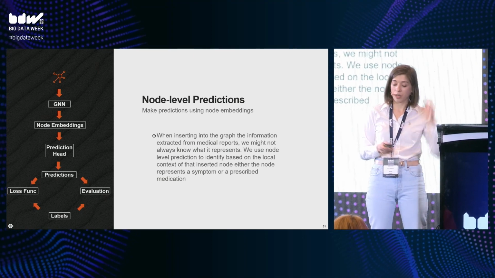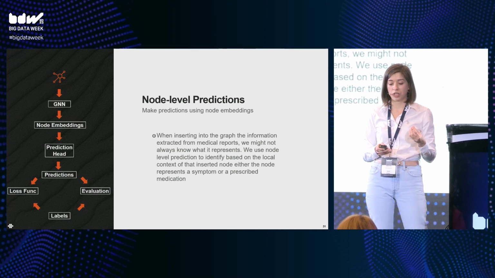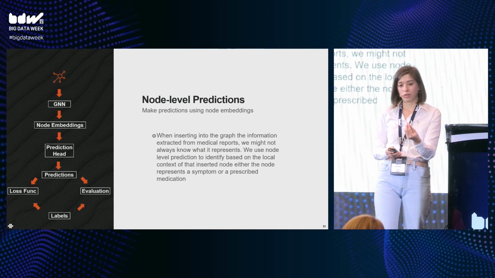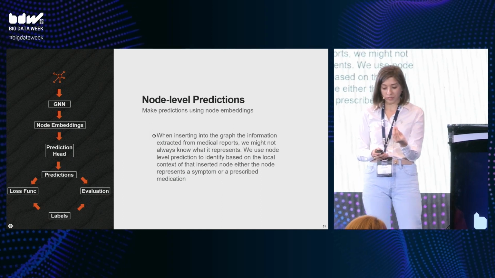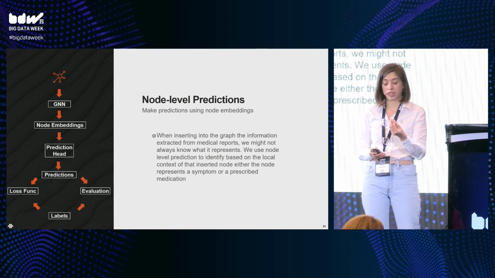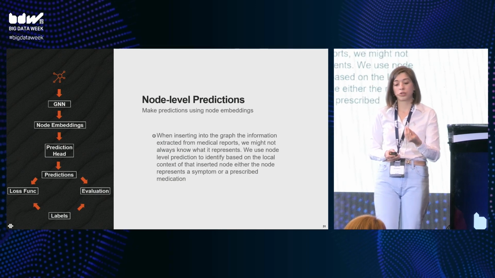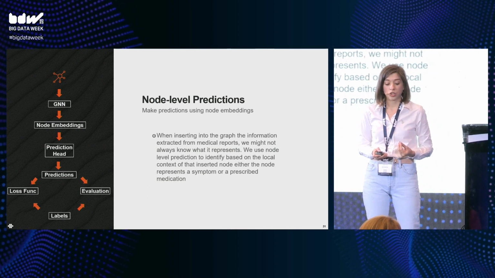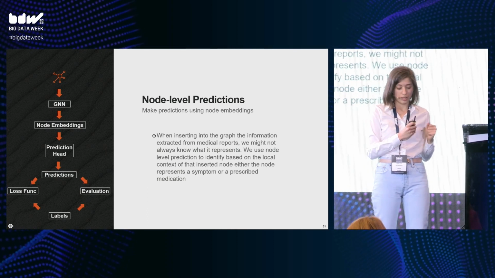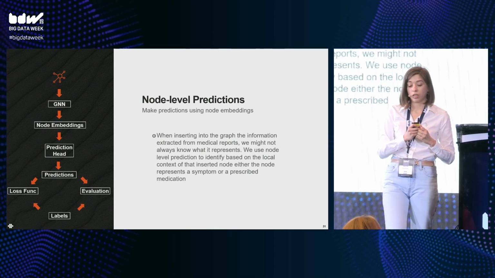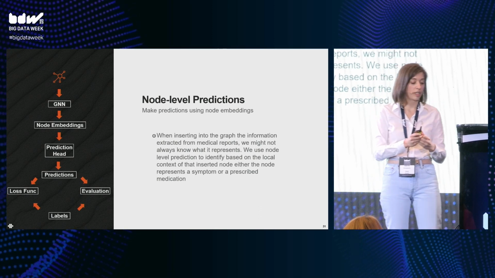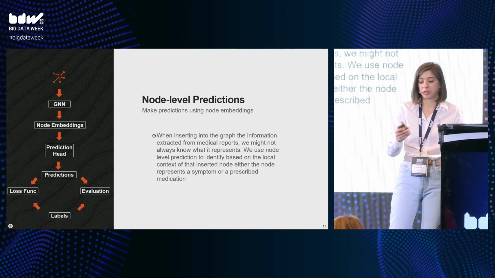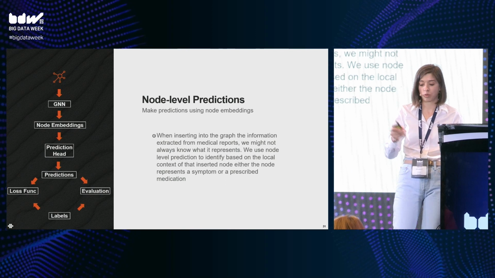And here we have an example for node level prediction. In this case, our prediction head is going to be these node embeddings that we are talking about. And we need this, for example, when we are inserting data into our live graph for which we don't have any information. So let's say we are performing this information extraction from medical reports, and we don't know exactly if the entity that we extracted is a medication, a different kind of treatment, a symptom, whatever that is.